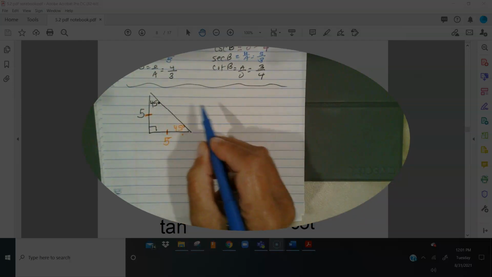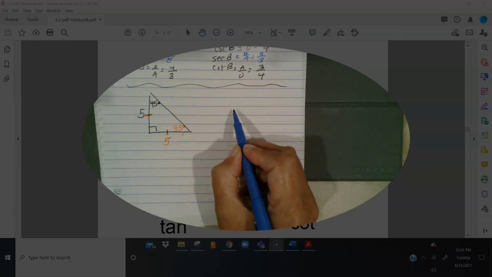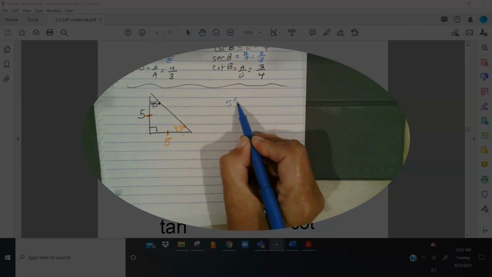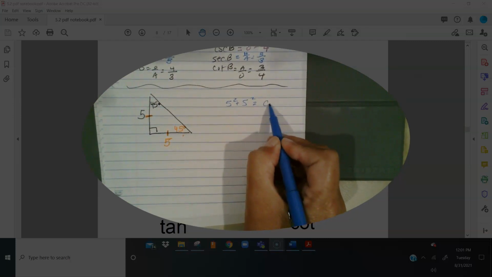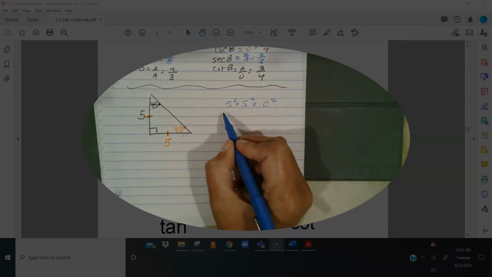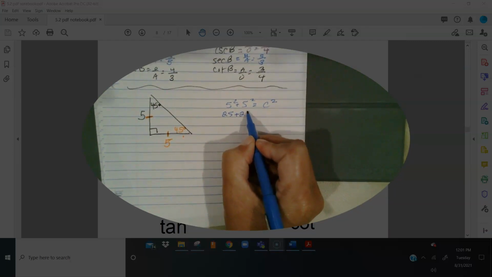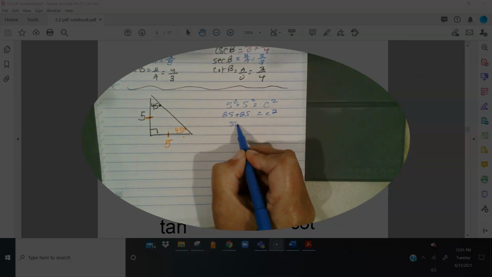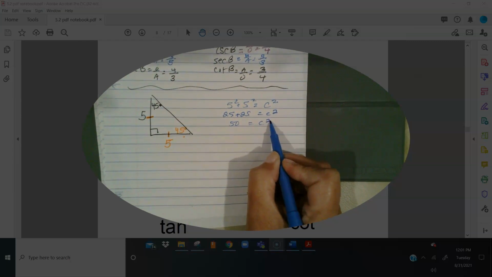So the hypotenuse here would be, let's work our problem out here, 5 squared plus 5 squared would equal c squared. 25 plus 25 would equal c squared. 50 would equal c squared.